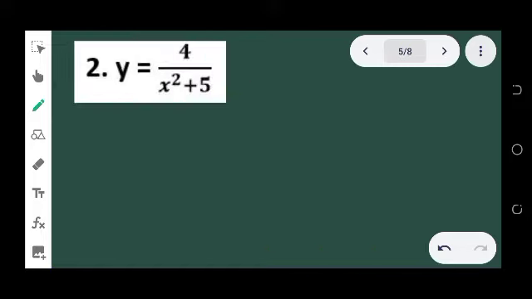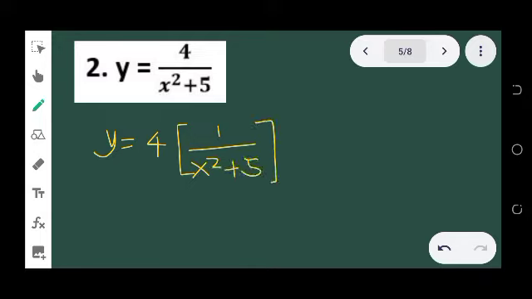Next, number 2, you have y is equal to 4 over x squared plus 5. Now, this seems to be not a reciprocal, but again, we can take out the 4 because constants in derivatives do not affect the answer. So we take out the 4, and then you have 1 over x squared plus 5. Now you have a reciprocal function. We can now get the derivative, which is 4 times the negative of the derivative of the function.